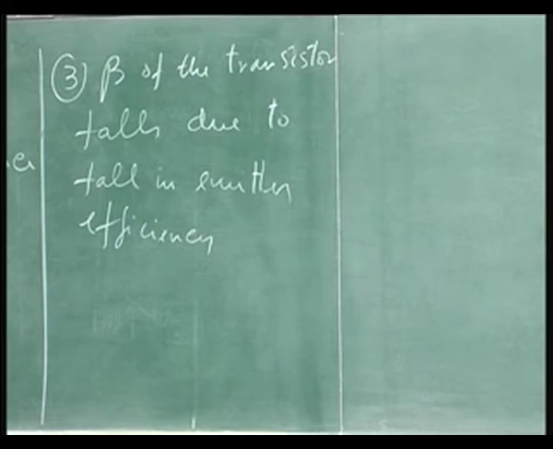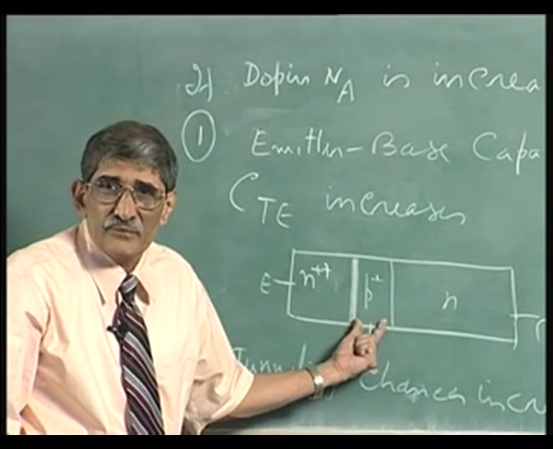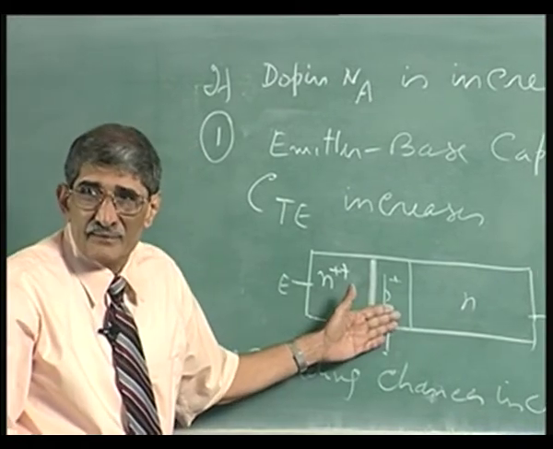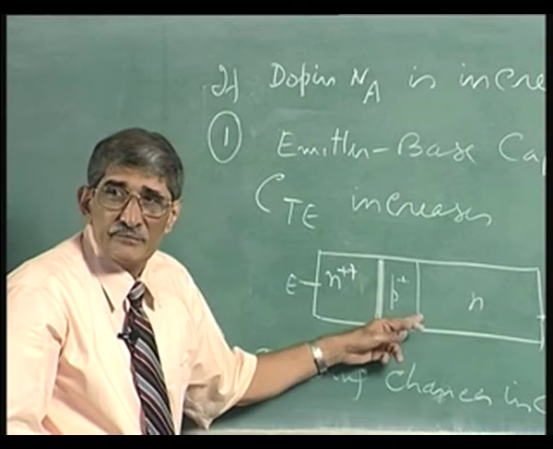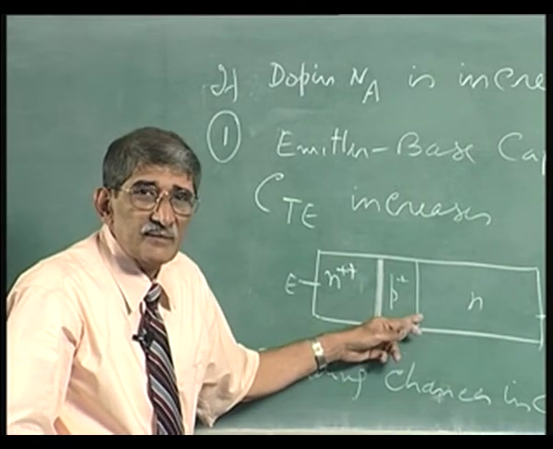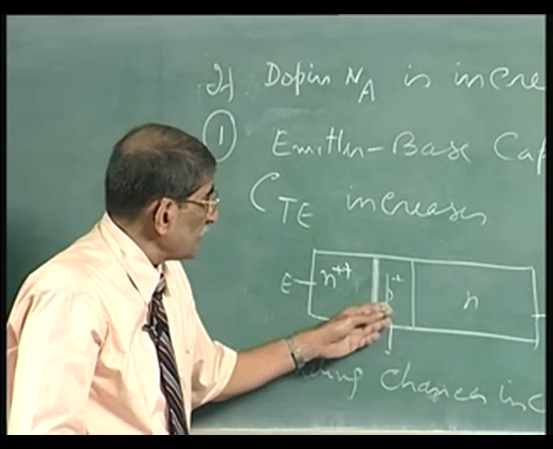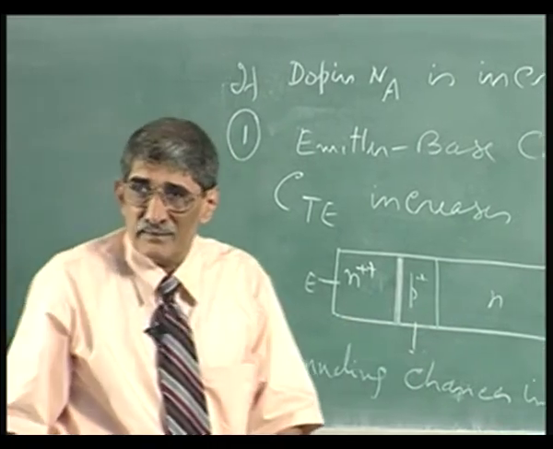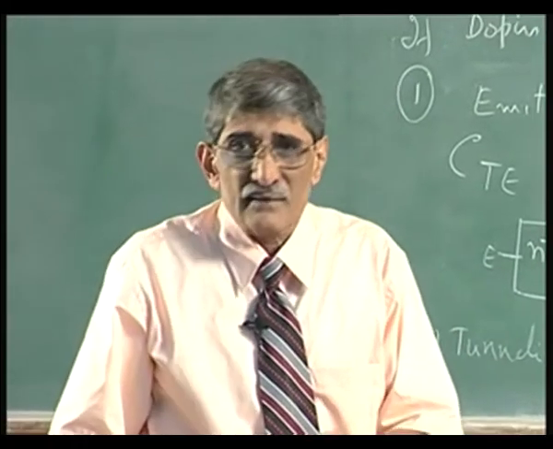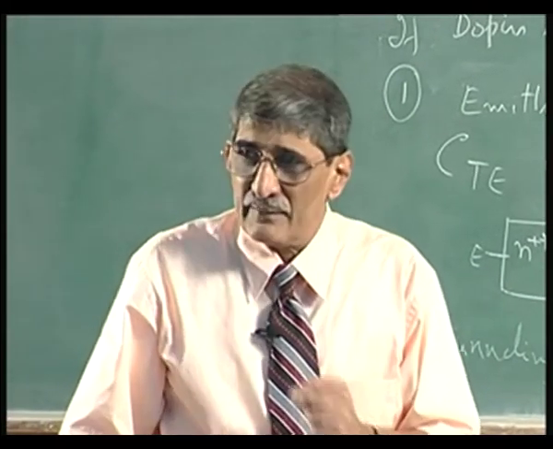If you do not recall, I will just write down some of the equations related to that. The base width is so small, 0.1 to 0.2 microns, you may not have to worry about the recombination in the base. You may not have to worry about transport from the emitter to the collector. Transit times are very small compared to the lifetime, so you will hardly have any recombination.